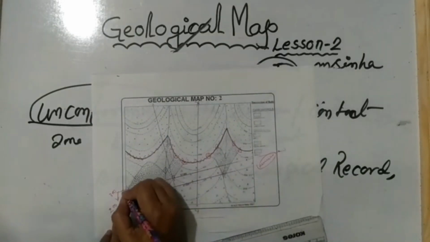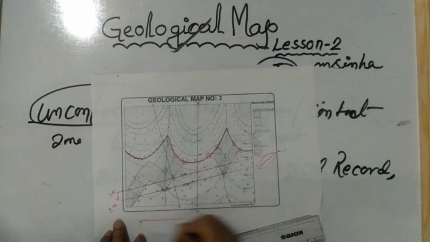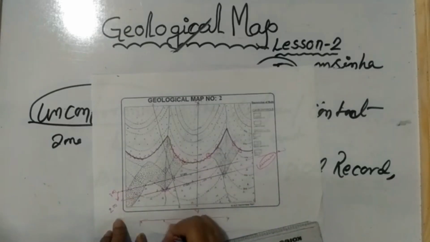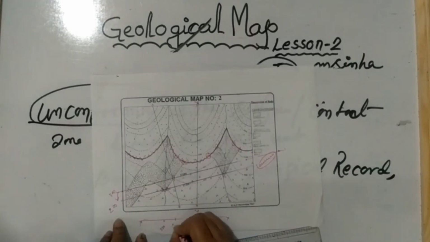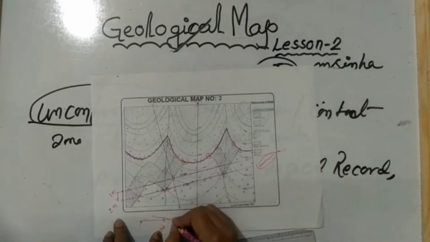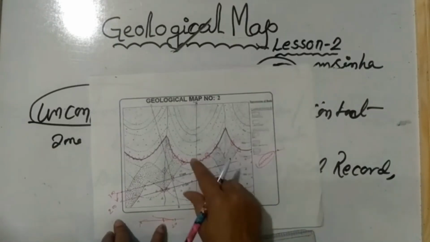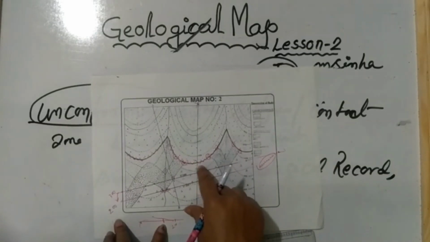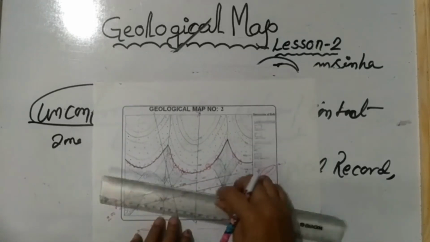This is point A and B with this X and Y, and with the help of a compass take this distance. Suppose this is 300 and this is 200, and with the help of that scale you can easily draw this angle. Suppose you can easily get the dip or the rock bed of the lower series and go for the upper series.